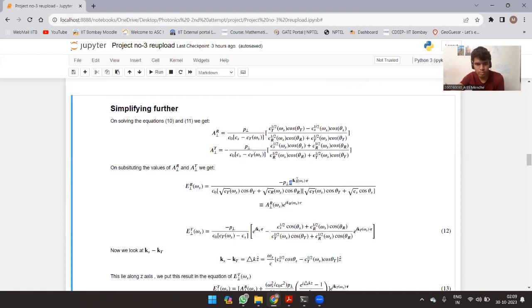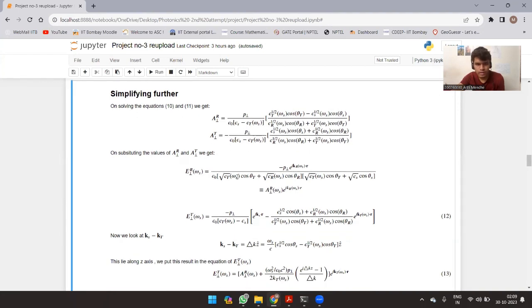I multiplied that by e to the power i kr dot r, right? Also, please note that in the denominator, apart from the epsilon naught r, you see cos thetas are of the order 1, and epsilon naught t.